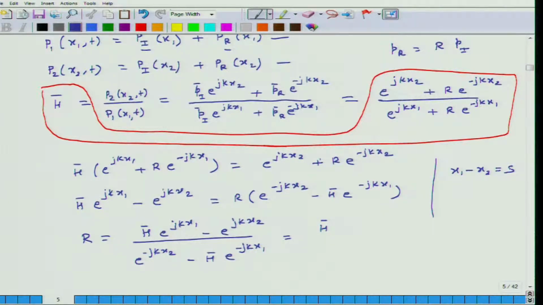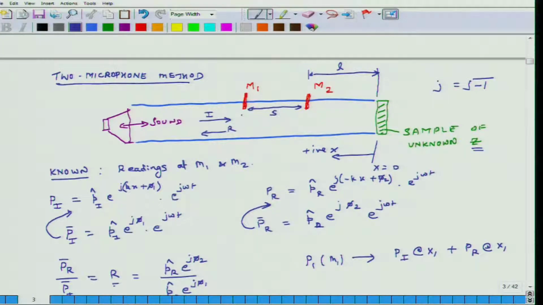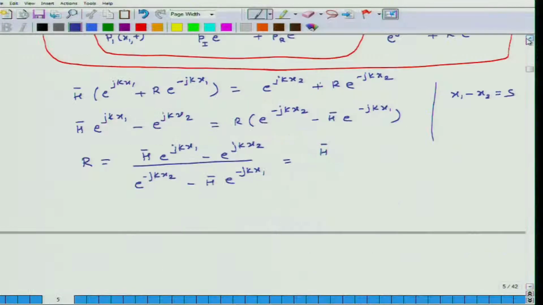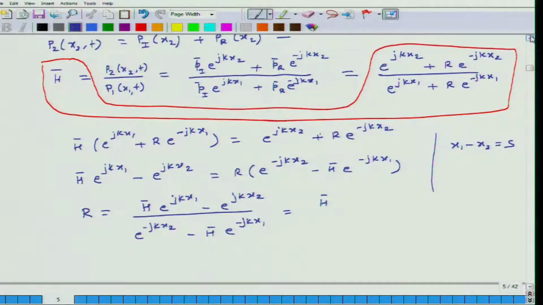If you look at this picture, this is x1, this is x2, so x1 minus x2 is s. So my relation becomes H bar minus e^(jk(x2 minus x1)), so it is basically e^(-jsk).